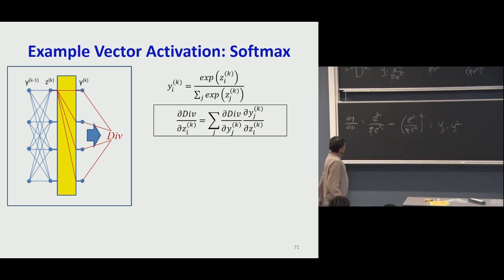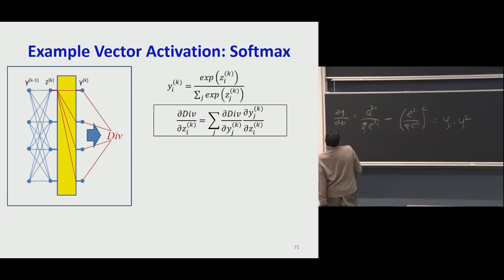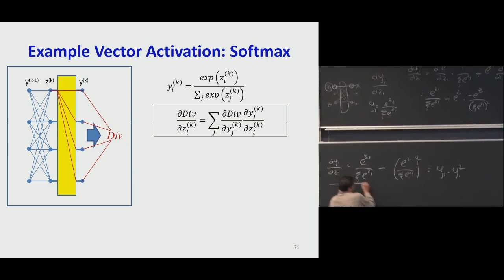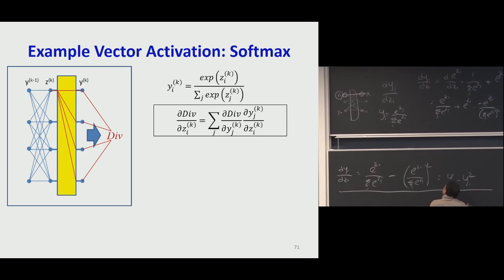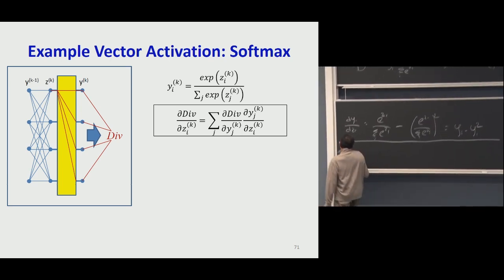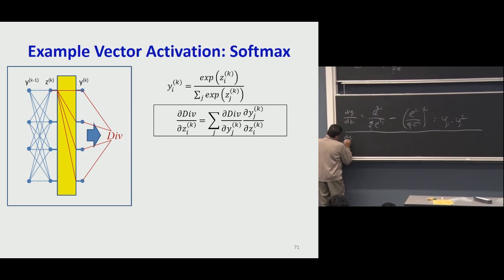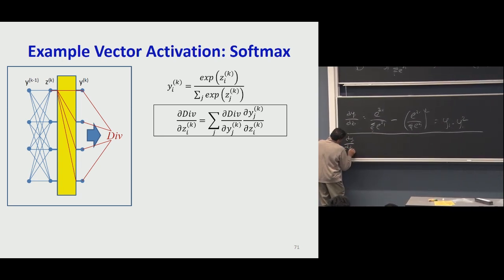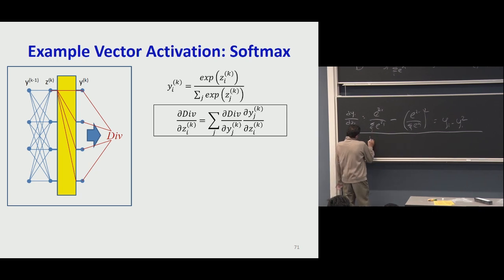For the cross, that's for this one, the one on top. What about the cross line? For the cross line, that's going to be simply dyi by dzj, where j is not equal to i. This is going to be the derivative of e raised to zi over dzj.